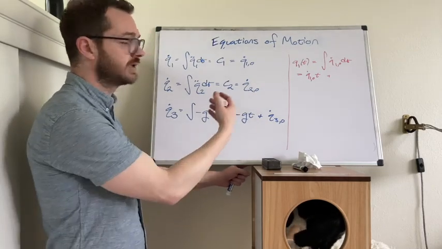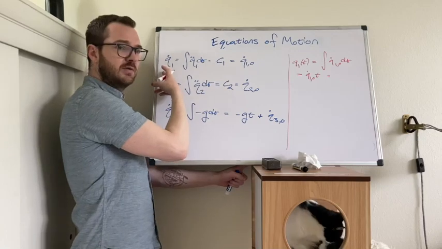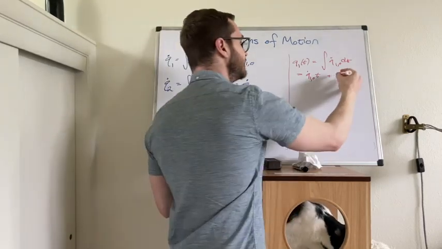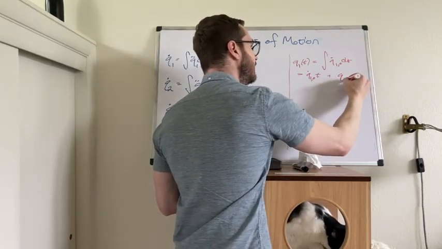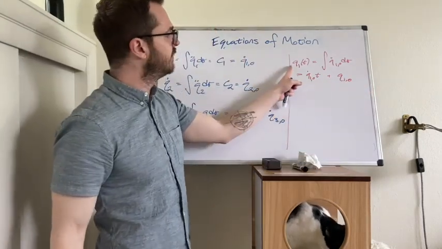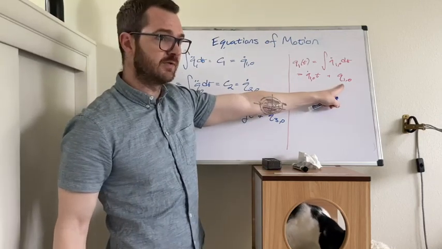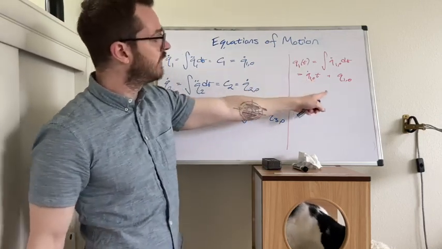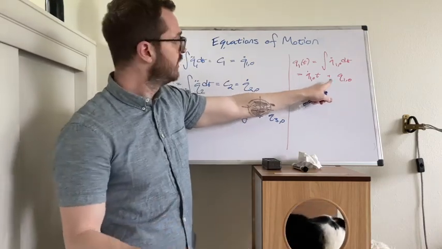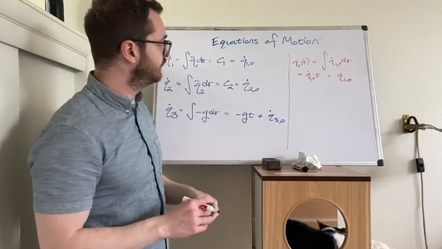So what is the integration constant now? Well, last time it was the initial speed. This time it's the initial position. So this is Q1 sub naught. Notice it's not Q1 dot, right? This is an equation for position, and we get the initial position. So your position at some moment in time is equal to where you started plus how fast you're going multiplied by time.